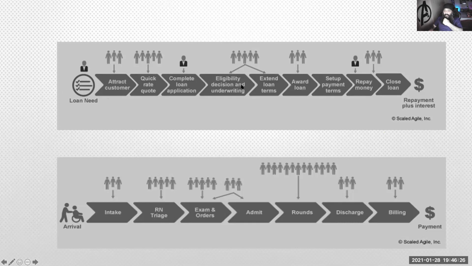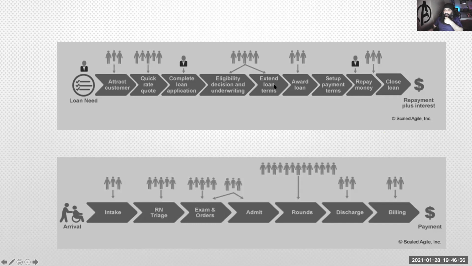Then you go through the eligibility decisions and underwriting. You need to figure out, is this particular person eligible enough to get the loan that he has asked for? And then you go through the entire underwriting procedure, and you understand what rate of interest we are giving and how long we can give the loan to this particular person, based on the age, amount, and all that stuff. So all of those things happen.